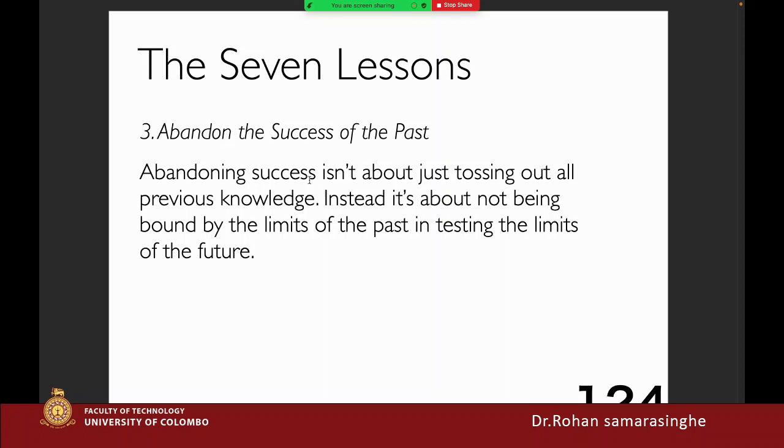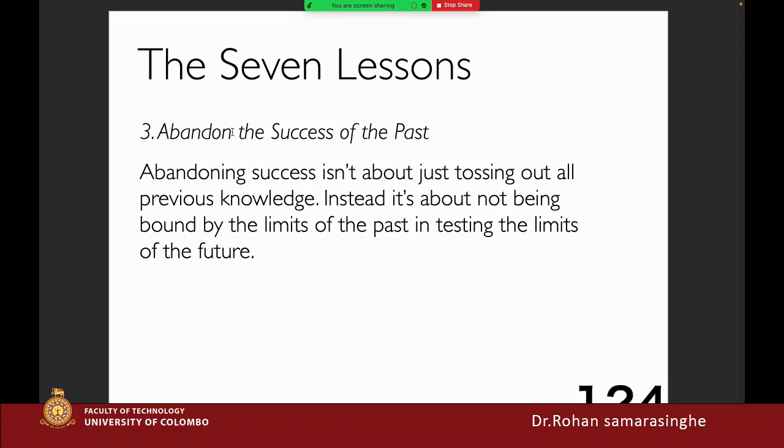But you can keep the basic idea and change the technology. Abandoning success isn't about just tossing out all previous knowledge. You can use the new technology, and you can use the knowledge and the business idea of that one.